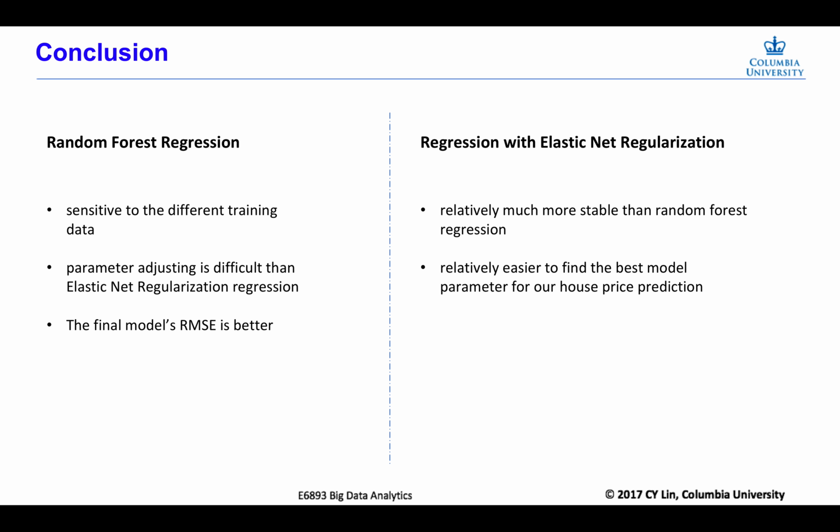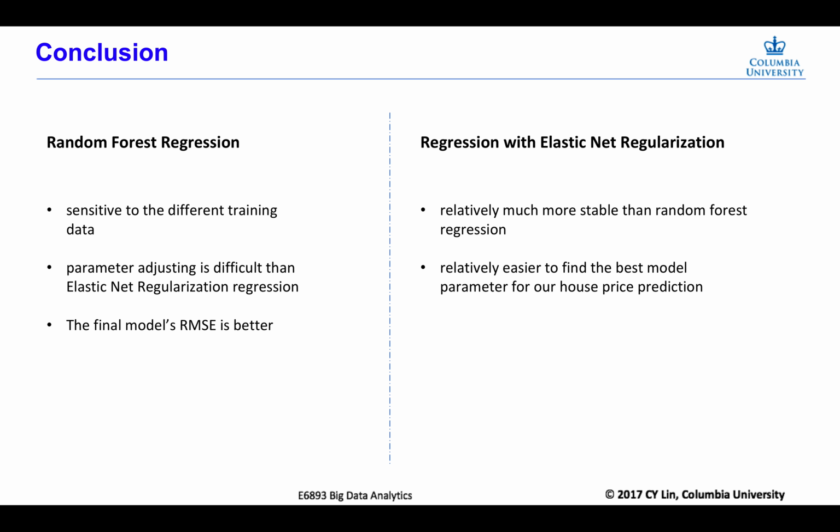As a brief conclusion, we think that random forest regression, compared to regression with elastic net regularization, is more sensitive to the different training data, and the parameter tuning is more difficult. However, regression with elastic net regularization is relatively more stable than random forest regression.